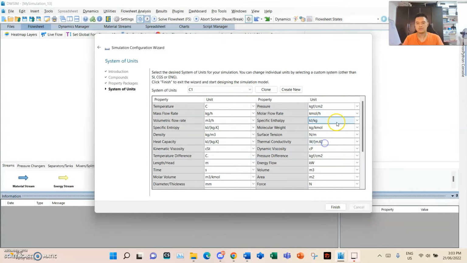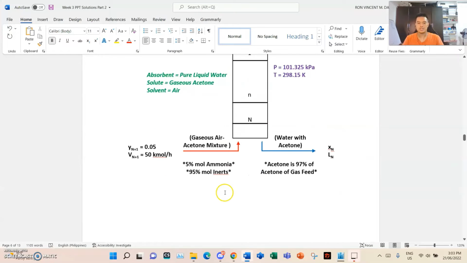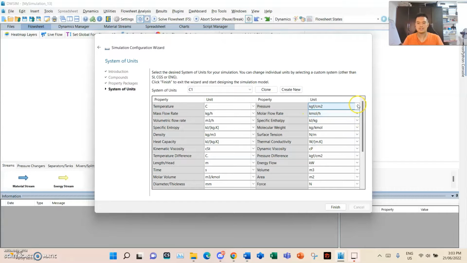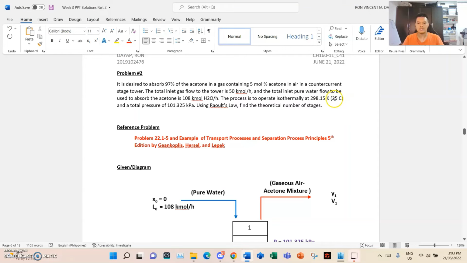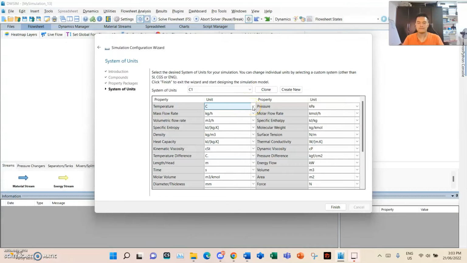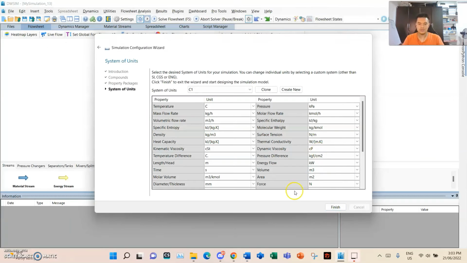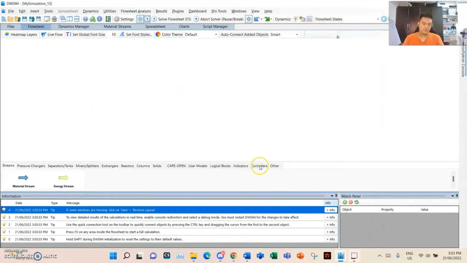The pressure, there is no pressure specified, so kilopascals, and there is a temperature specified, which is, we'll use Celsius to be easy, 25°C, and then afterwards, that's it. So we'll finish.